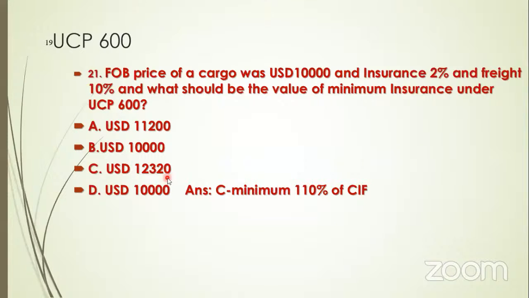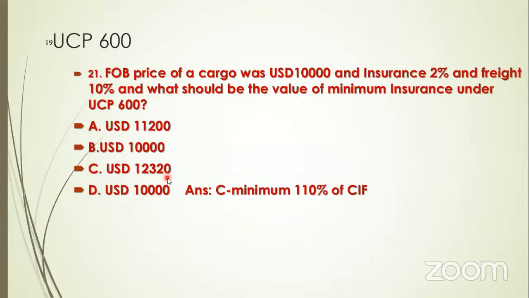Normally, they will not do that in domestic insurance. In international insurance, the convention is a general rule, practiced globally. Always the minimum insurance of the cargo in international insurance should be 110% of CIF value. How many of you understood?